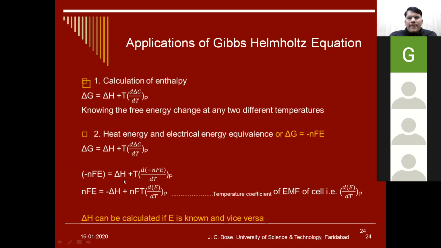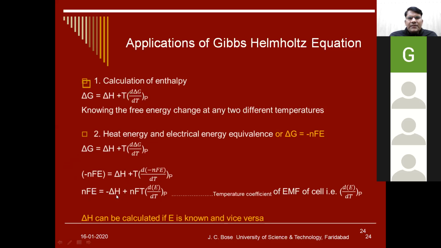This is equal to delta H plus T times d by dT of minus nFE, because we are substituting delta G equal to minus nFE at constant pressure. We would like to take the minus sign out, so throughout we are taking minus minus. Therefore, the left hand term will become positive, and on the right hand side the signs of all these things will be changed.